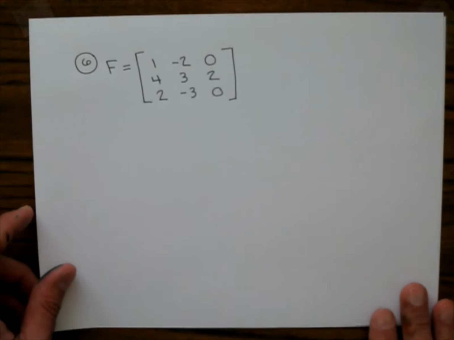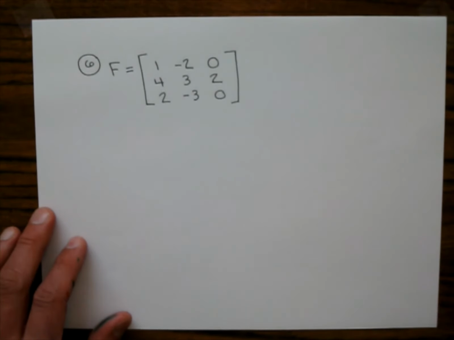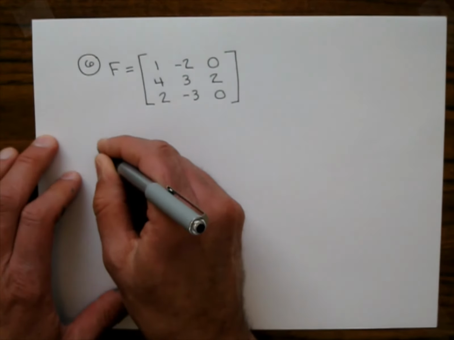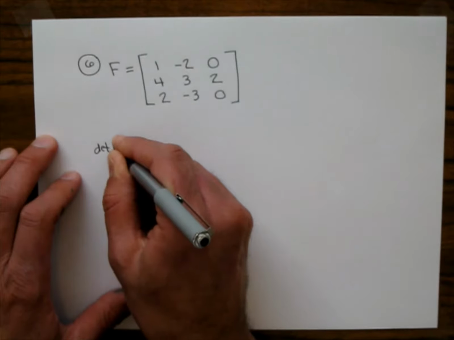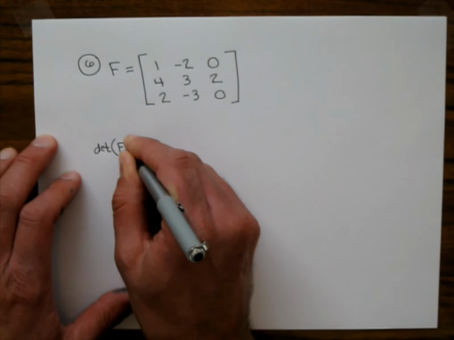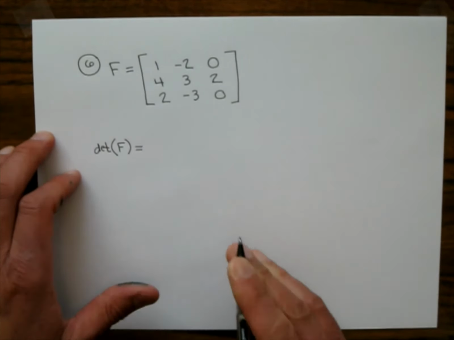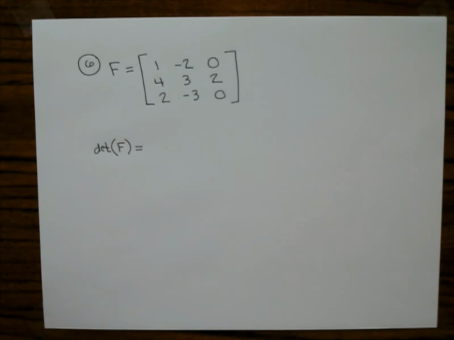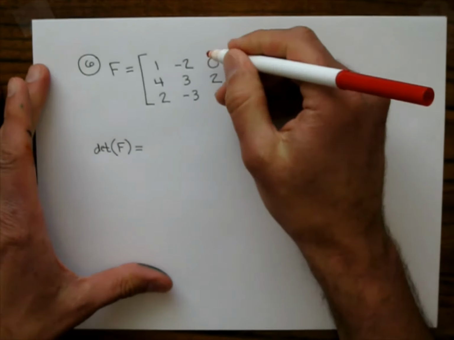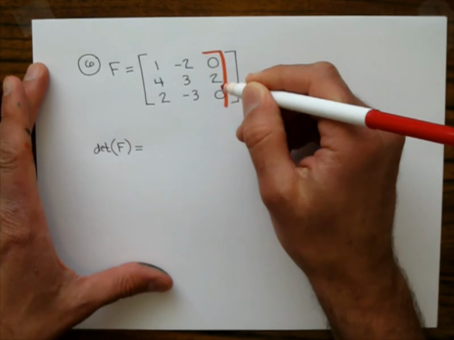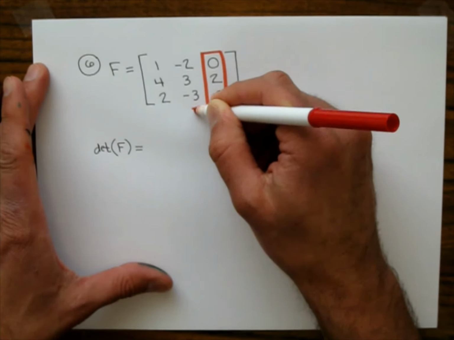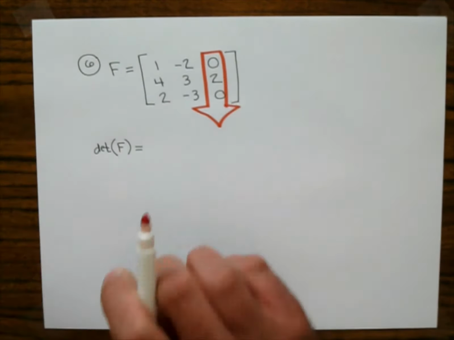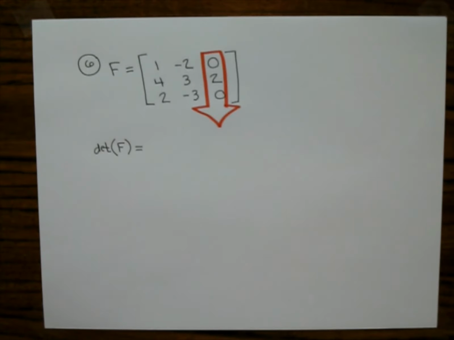Let's go ahead and do another problem where we are to find the determinant. So this is the determinant of F. We can travel across any row or down any column, and probably a good one to pick, with the least amount of work, is this one right here, because that has some zeros there.